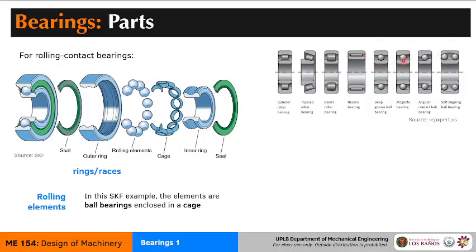The ball bearing is actually one of the easier bearings to assemble, because it's essentially just two races, a set of spheres, and then you just cage them if you want to. Now with the ball bearings, you have very minimal surface contact. So these bearings can last quite a bit. However, they can't bear as much load compared to the roller bearings.